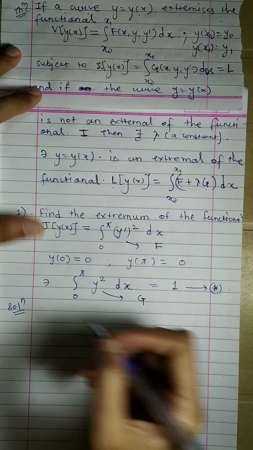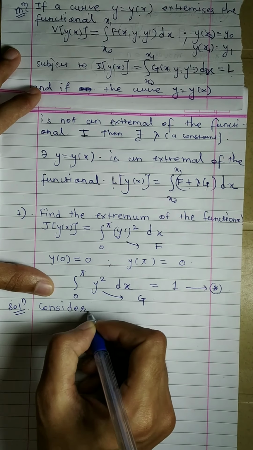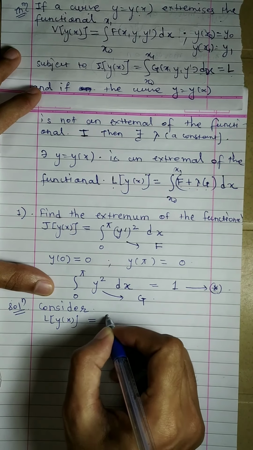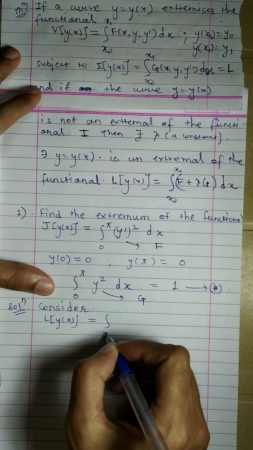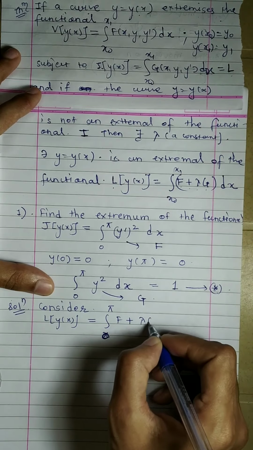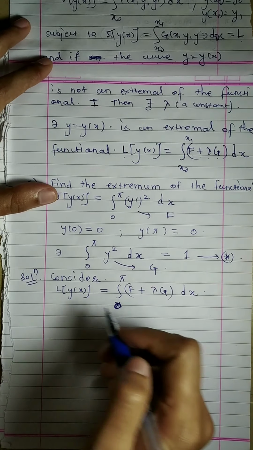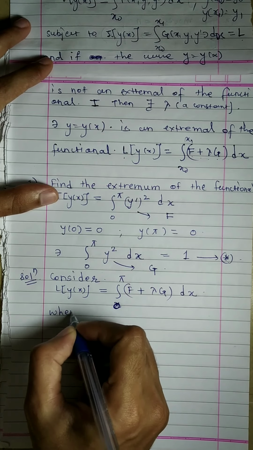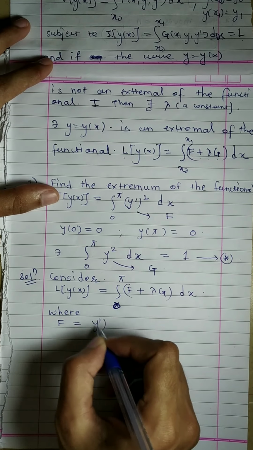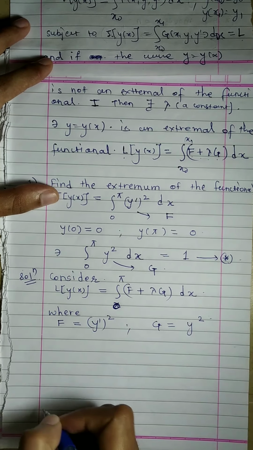Consider L[y(x)] equal to integral from 0 to pi of (F plus lambda G) dx, where F is equal to y dash square and G is equal to y square.